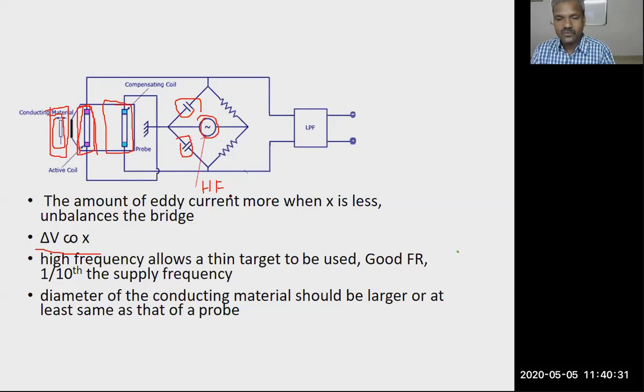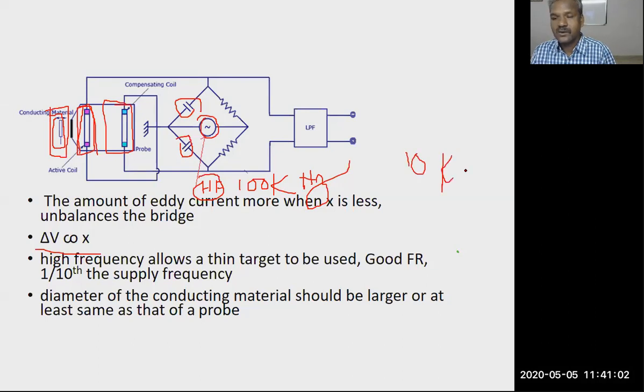Why do we use the high frequency? The high frequency allows a thin, very small target to be used, which has good frequency response, about 1/10 of the supply frequency. If you say 100 kilohertz excitation, then the frequency response will be at least 1/10, so it will give 10 kilohertz.